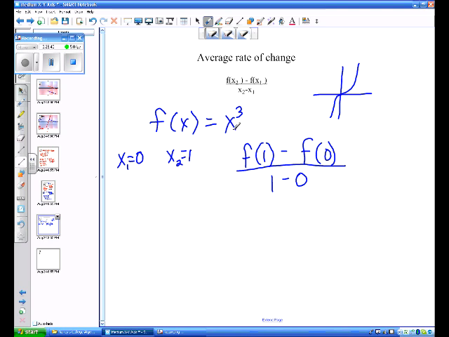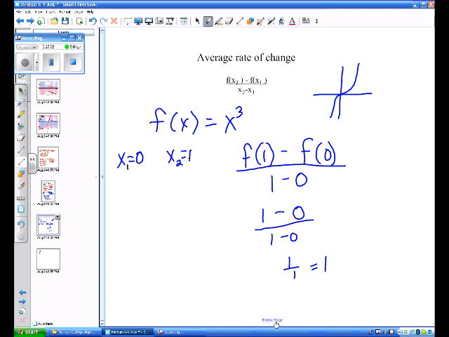Now, when we plug 1 into our function, 1 cubed is 1, 0 cubed is 0, over 1 minus 0, so we get 1 divided by 1, which is 1. So that's our average rate of change between when x is 0 and x is 1.